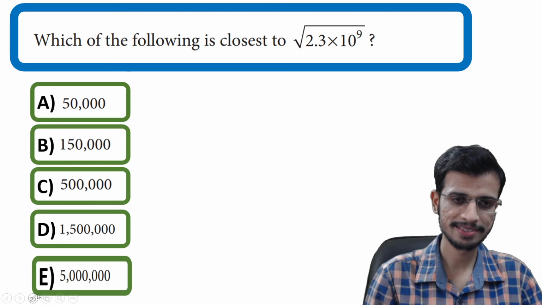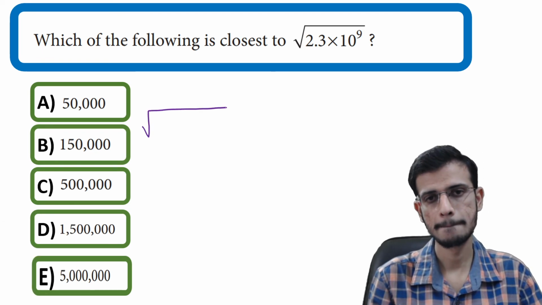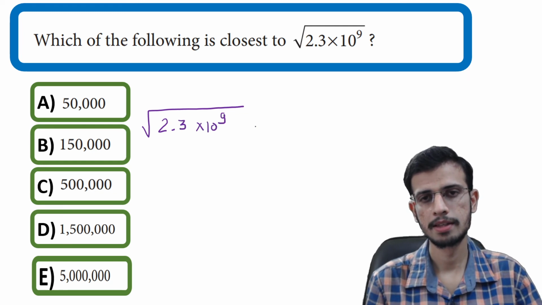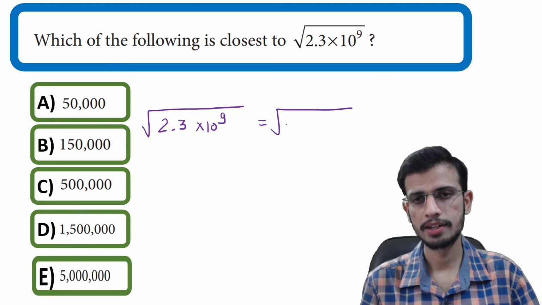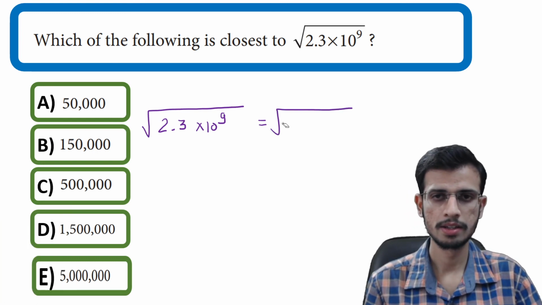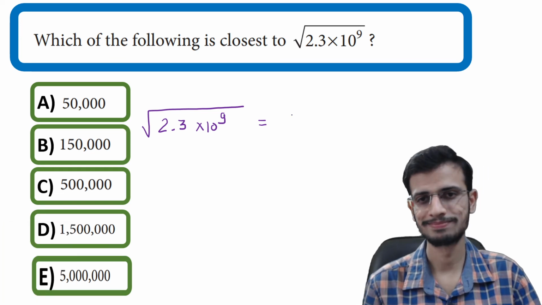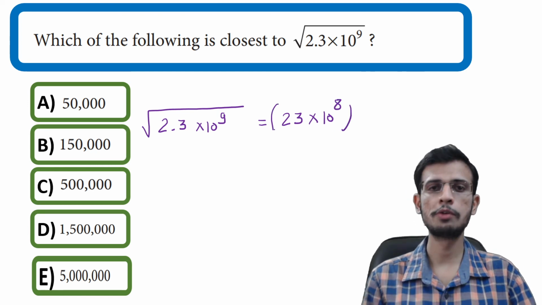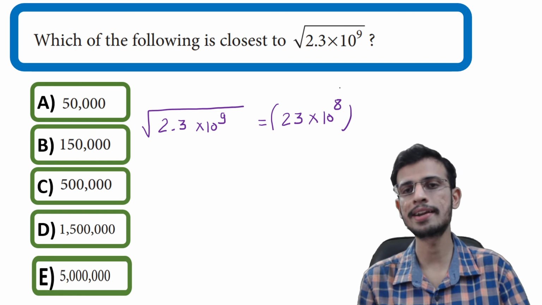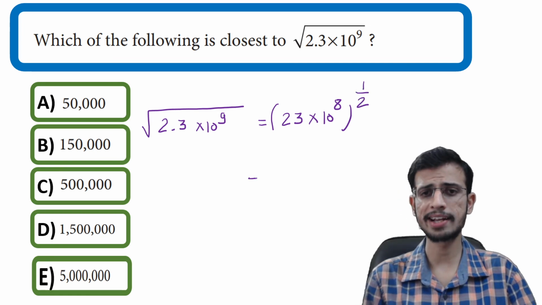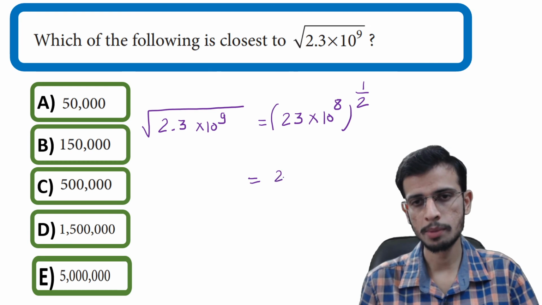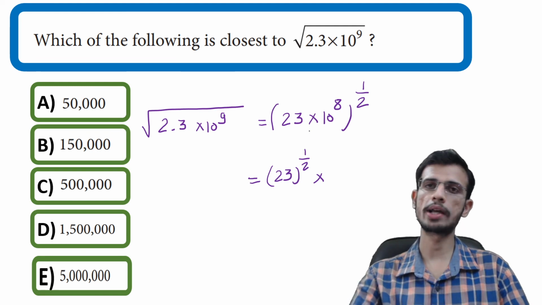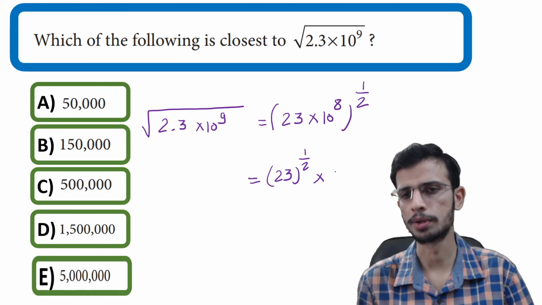We can write 23 into 10 raised to 8, whole raised to 1 by 2. So we can take the square root of 10 raised to 8. It will become 23 raised to 1 by 2 into 10 raised to 8 into 1 by 2, that is 10 raised to 4.